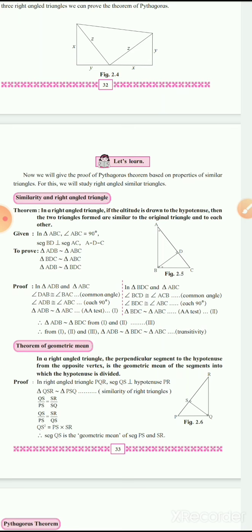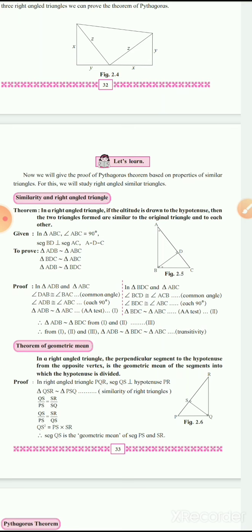Also, angle ADB is congruent to angle ABC. Why? Because each one is 90 degree. So angle ADB is congruent to angle ABC, and here the reason is each 90 degree.